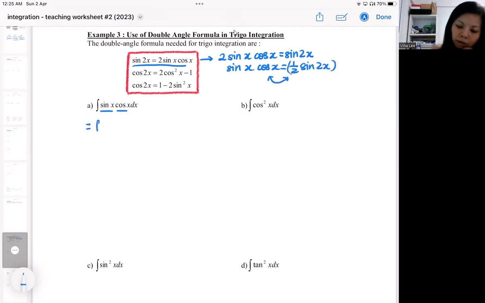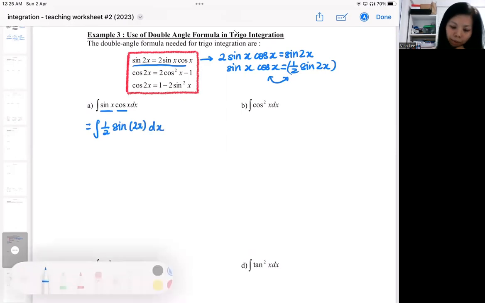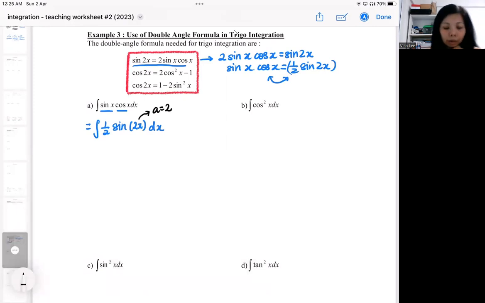That means integrating sine x cosine x is actually equivalent to integrating sine 2x. And that brings me back to the block of formula where a is 2. So the second block of formula.